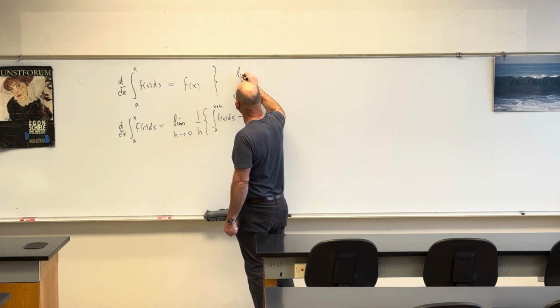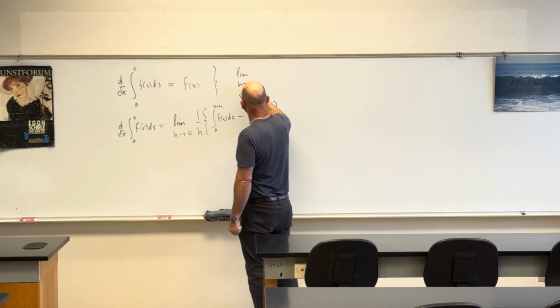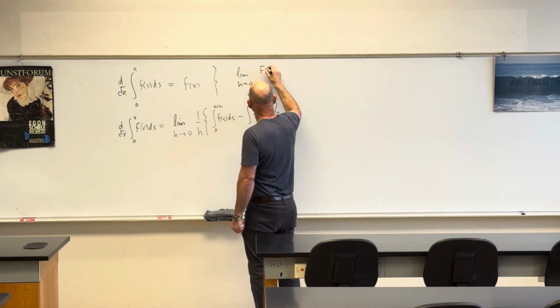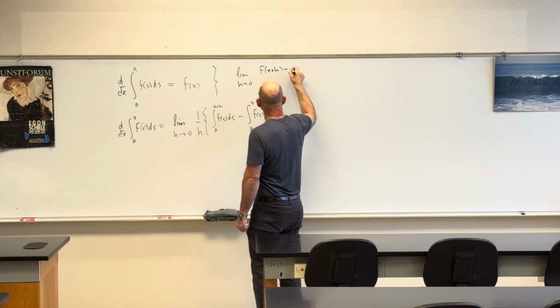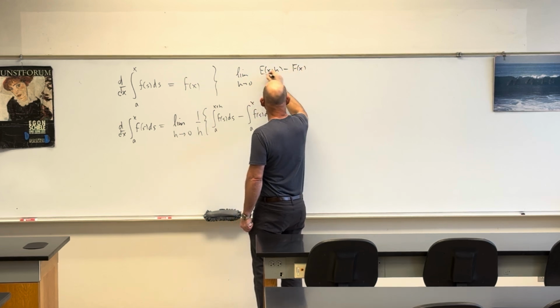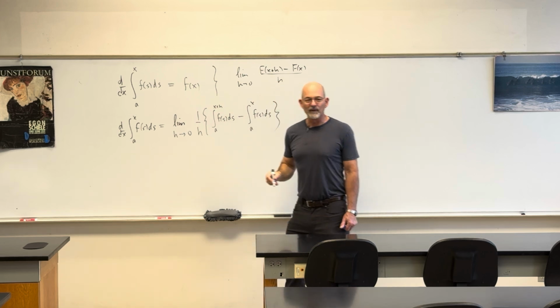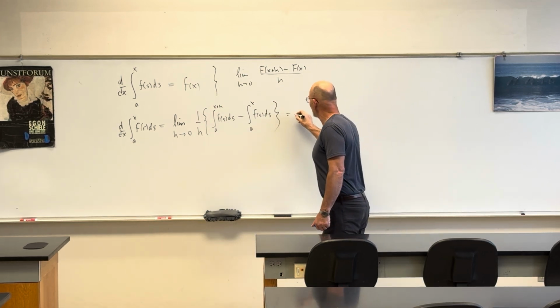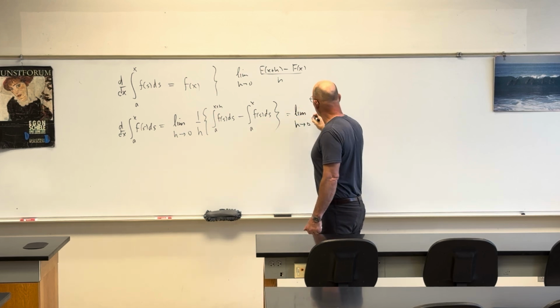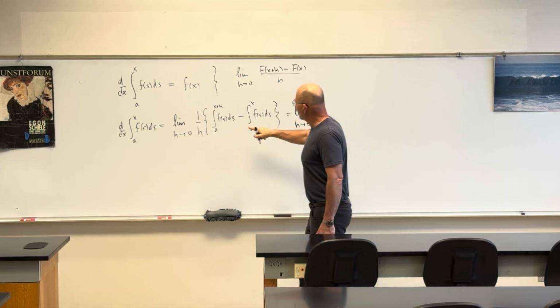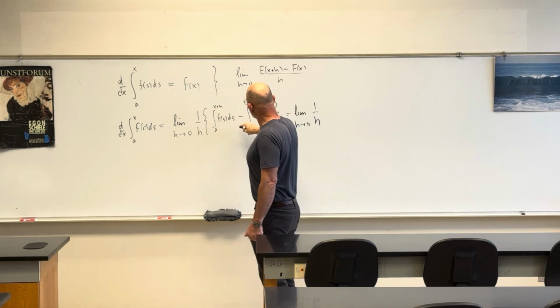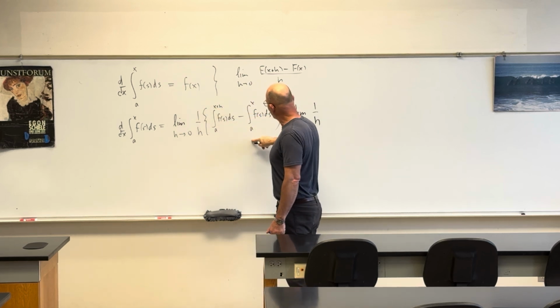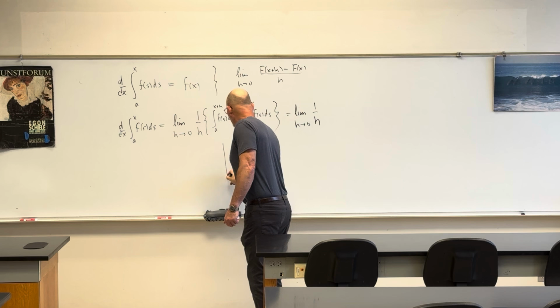Limit as h goes to 0 of f of x plus h minus f of x over h, right? You guys are familiar with that. So what you have here, by the additive property of the integral, is a to x plus h, and this is a to x only.